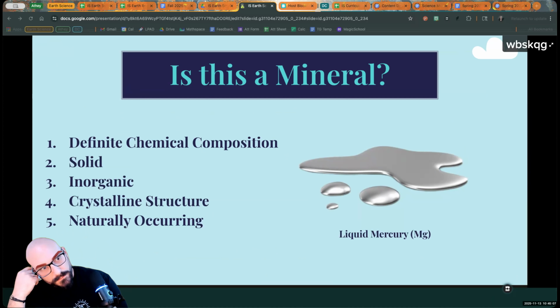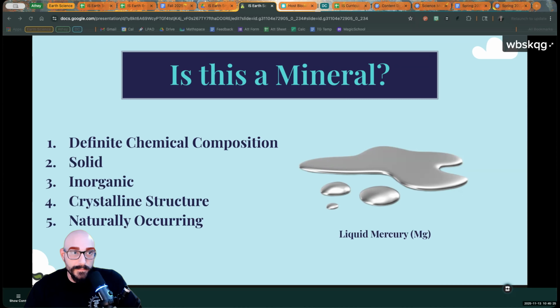Orion: Mercury itself is a chemical element, but it's liquid, so it does not meet the requirement. You're right. Mercury does not meet the requirements for a mineral. It's not a solid. It is a liquid at room temperature. In nature, we find mercury as a liquid.